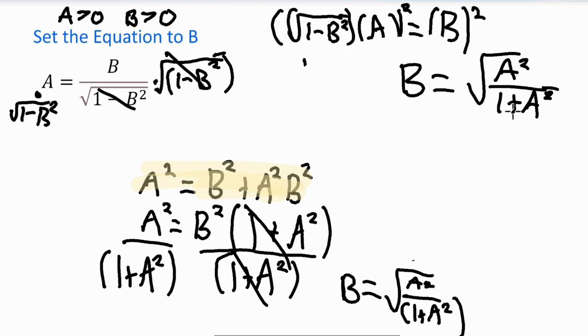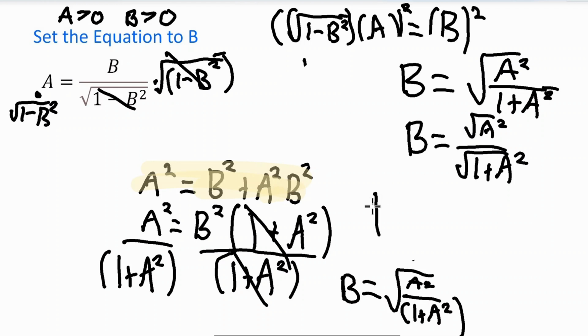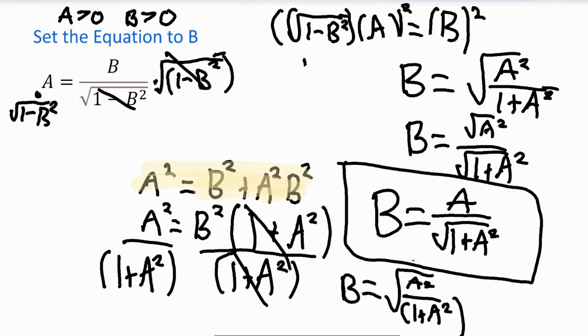Now we can rewrite this by taking the square root of the top and bottom, the numerator and denominator, individually. That gives us b is equal to the square root of a squared over the square root of 1 plus a squared, which simplifies to our final answer. B is equal to a over the square root of 1 plus a squared. And this is your final answer.